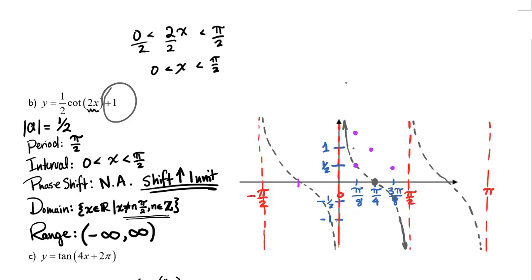And so I make my curve, but shift it up. And so my repeating periods of cotangent looks something like this.